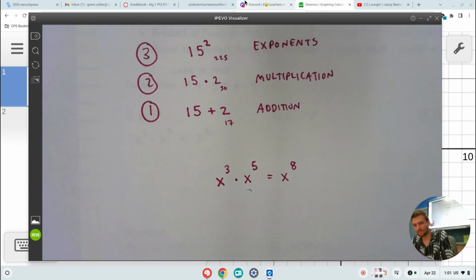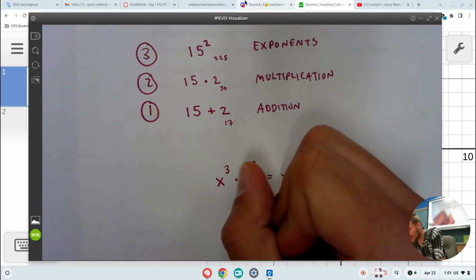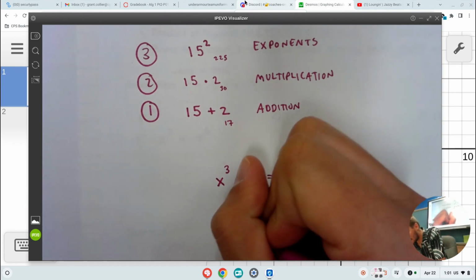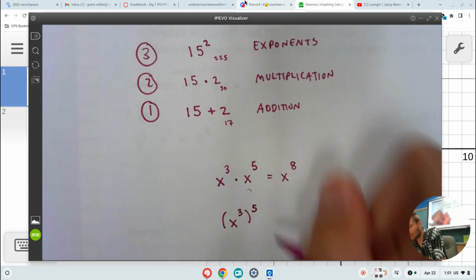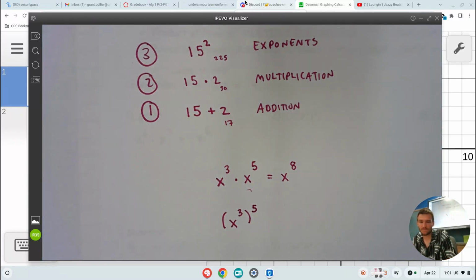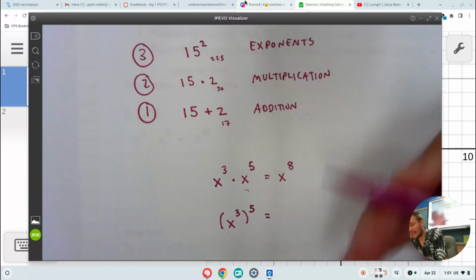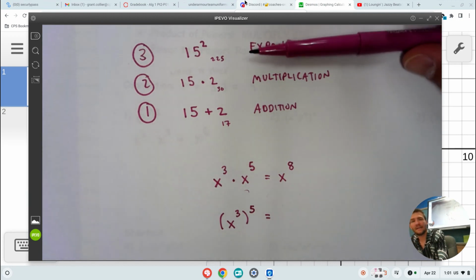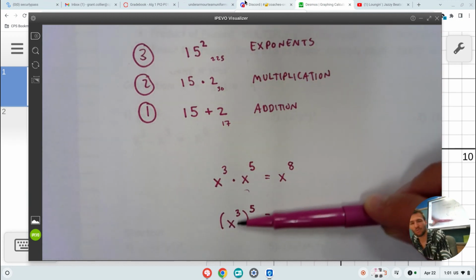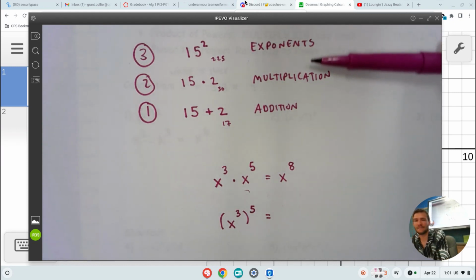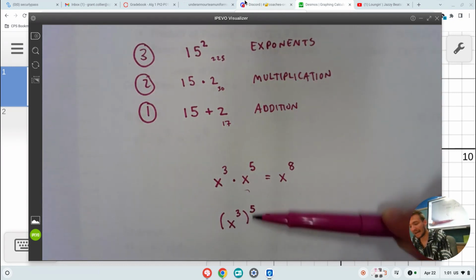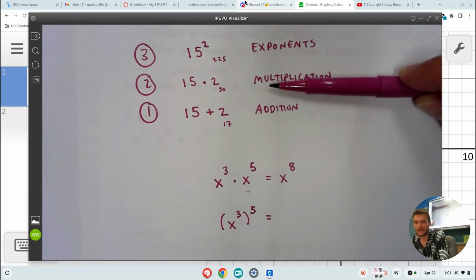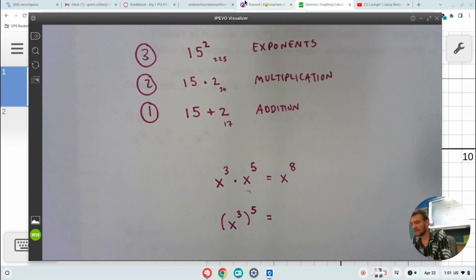And so, same with letters, if you have something like x cubed to the power of 5, again, that looks like exponents, but when you work with variables, it drops down a level. I know this looks like exponents, but it's going to end up working like multiplication, right?